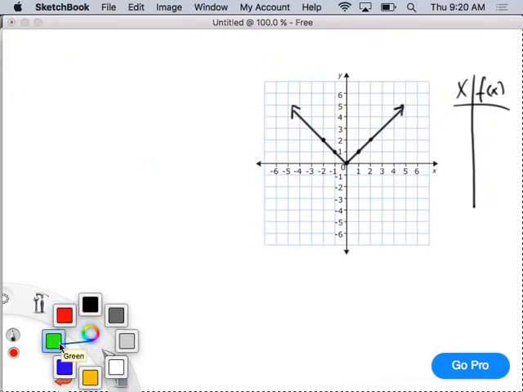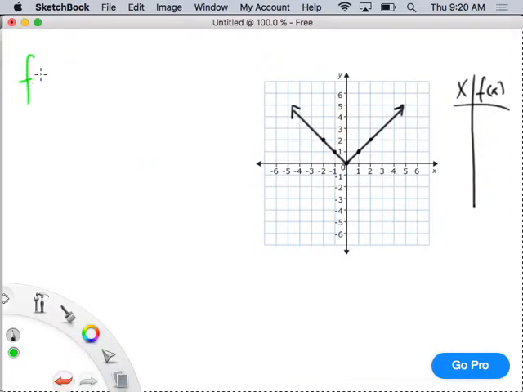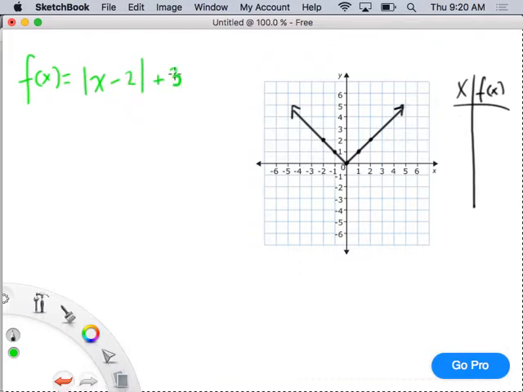Next, what about if I have both at the same time? Absolute value of x minus 2 plus 3. Okay, now I'm doing two things at the same time. I know what the deal is, so I don't want to go ahead and do all these points now in my t-chart.